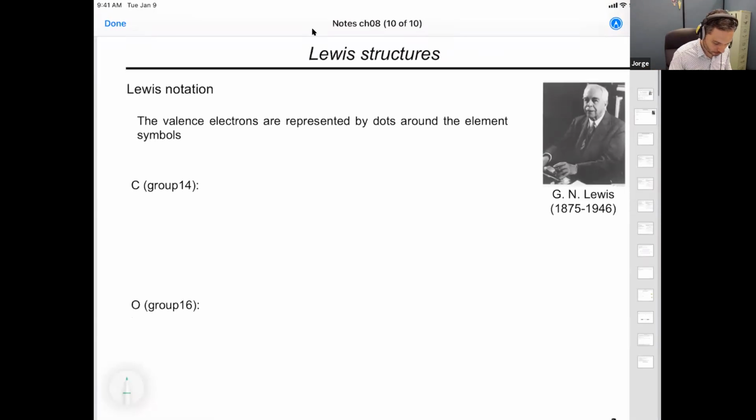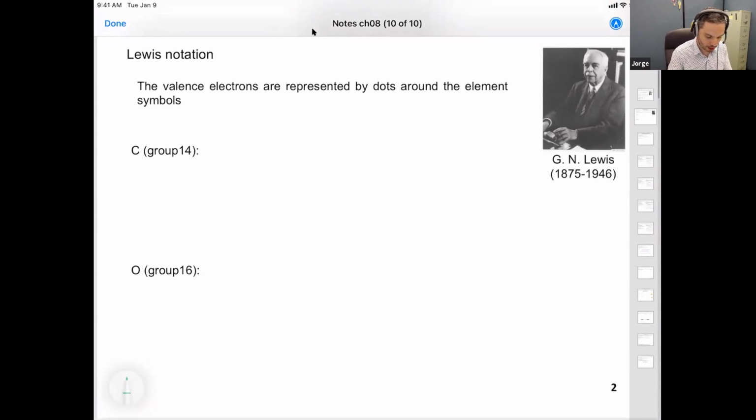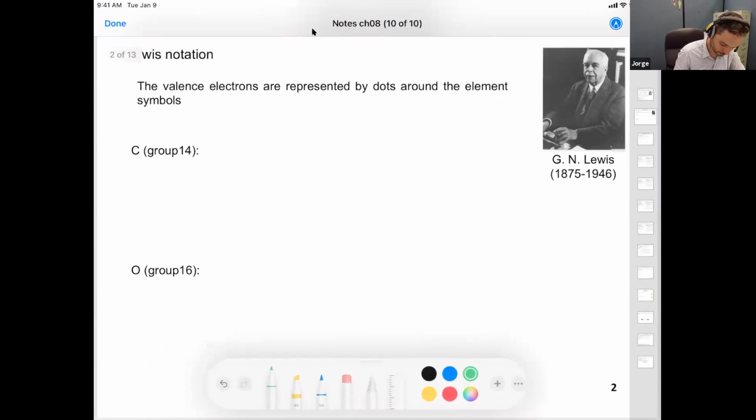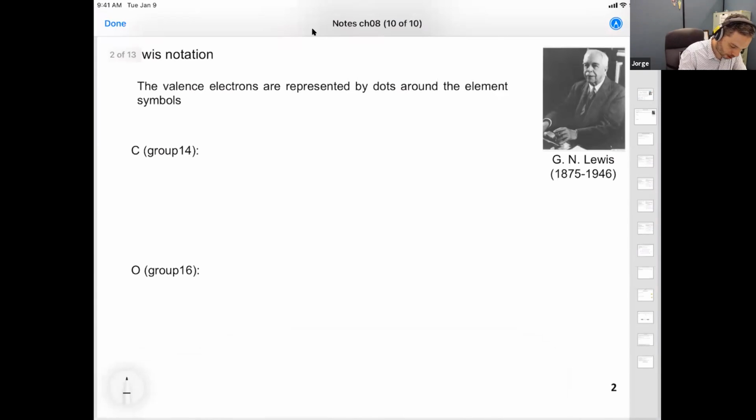So let me give you 2 examples here on how to draw the Lewis notation. Let's start with carbon. Carbon belongs to the group 14.